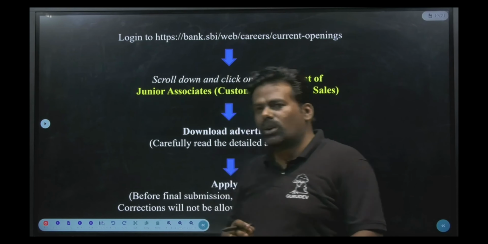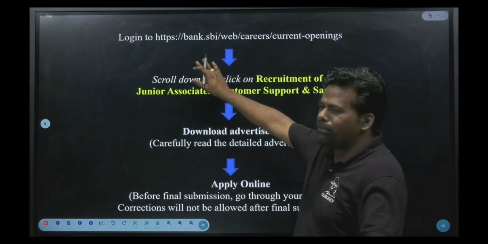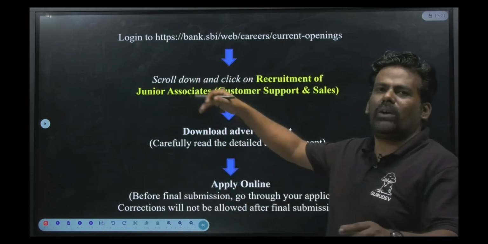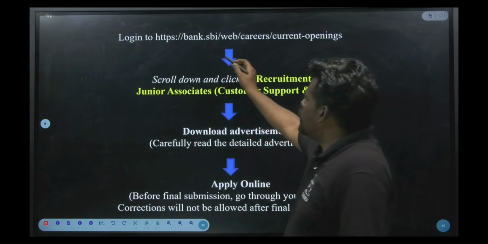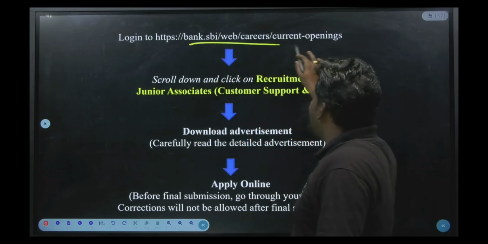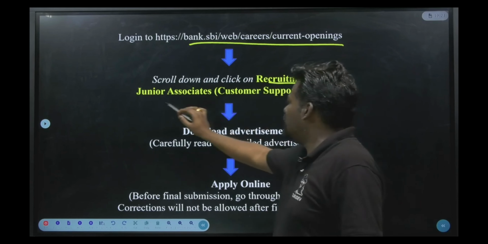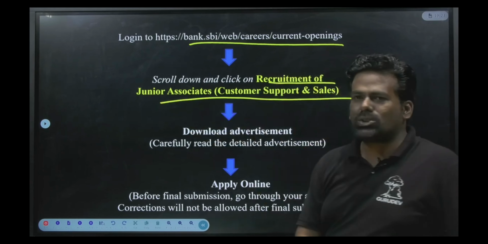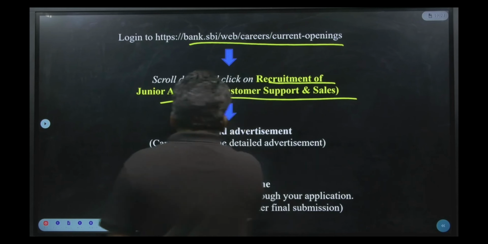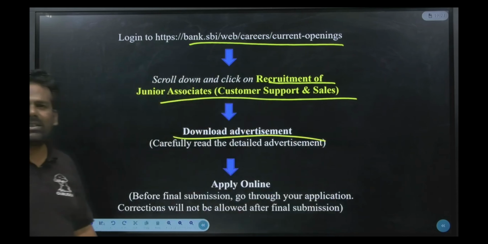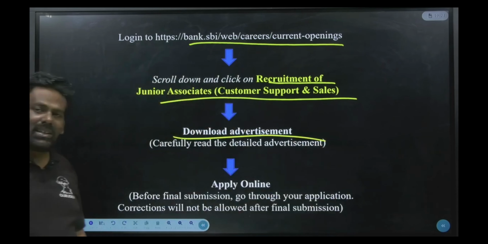Now finally, if you want to apply, where do you have to visit? You have to visit the bank's website. Log in to https://bank.sbi, scroll down and click on recruitment of junior associates, customer support and sales, then download the advertisement, and read the notification advertisement in English or any other language.